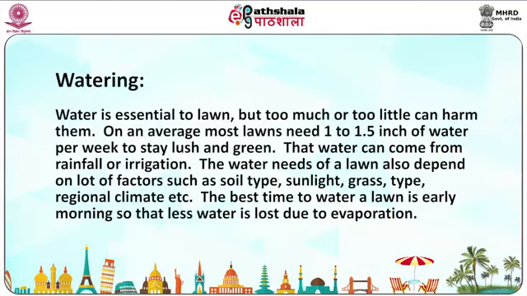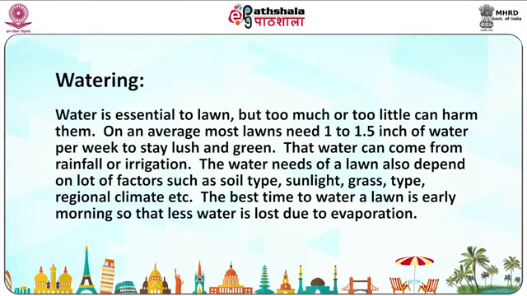Then watering is another essential element of lawn care, as too much or too little can harm them. On average, most lawns need 1 to 1.5 inches of water per week to stay lush and green. That water can come from rainfall or irrigation.